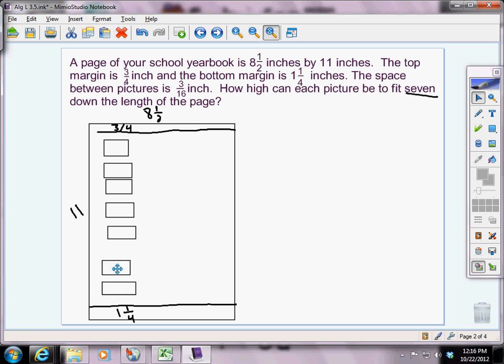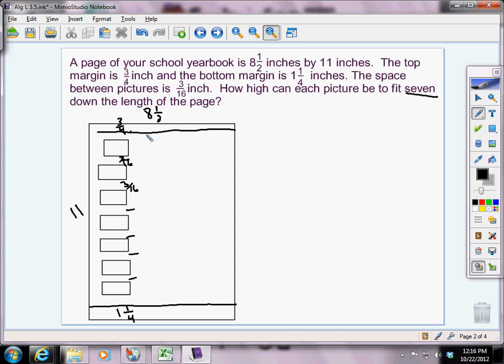Again, I'm just doing a rough diagram here of what the yearbook would look like. So we have our 3/4 of an inch for our top margin. We have our 7 pictures, and we have our 1 1/4 margin at the bottom. Now it says the space between the pictures is 3/16. That means between every picture here is 3/16.